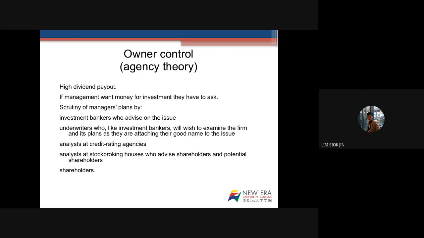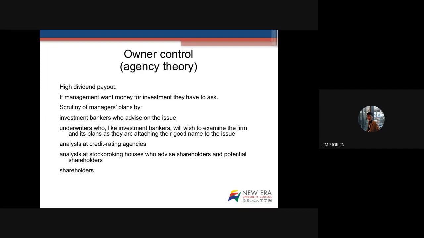Therefore, the owner of the company who cannot monitor what the managers are doing, they will prefer to have high dividend. Because when they have high dividend, then this manager has to meet the KPI. They have to meet the mission. What is the mission? The mission is high dividend. So high dividend means what?